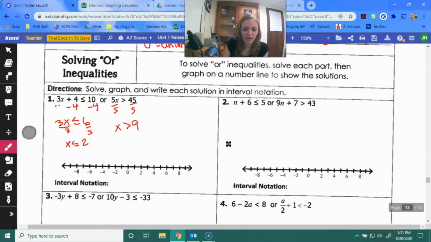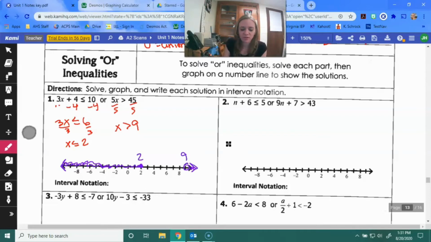So to graph, we want a solid dot at 2, shaded less than, and then an open dot at 9, shaded greater than, so to the right. There's your values, 2 and 9.